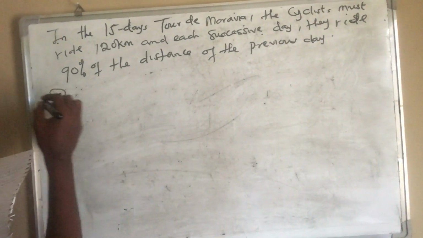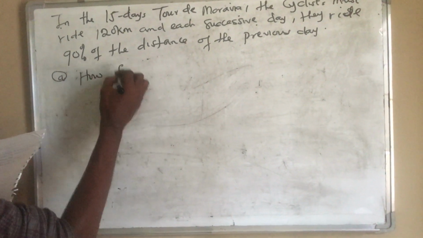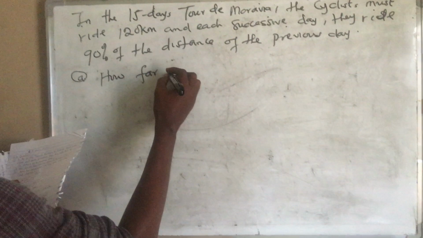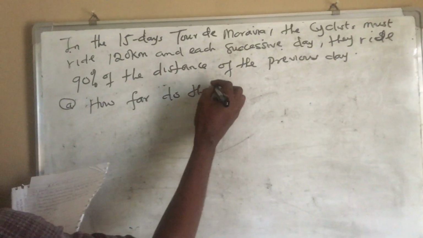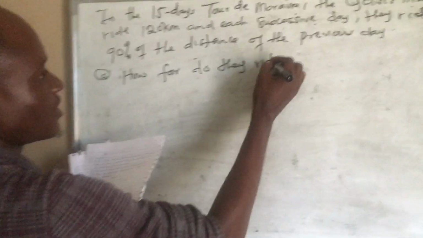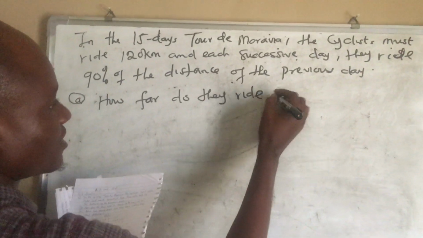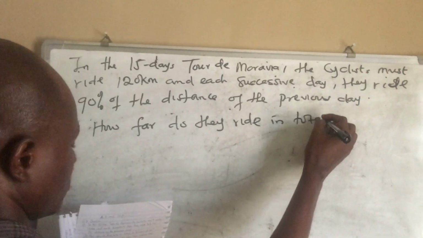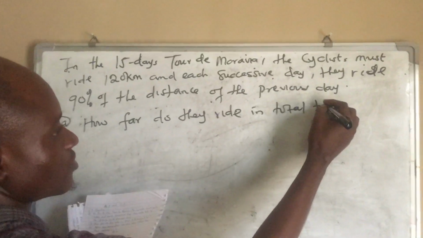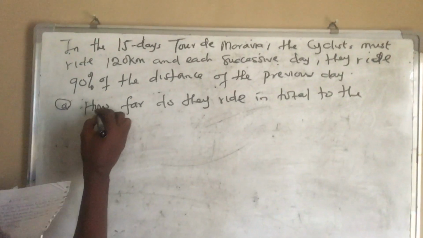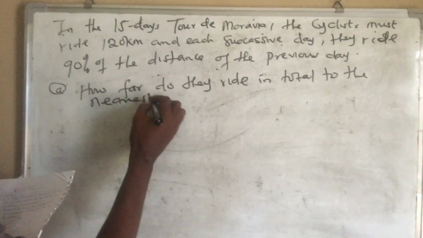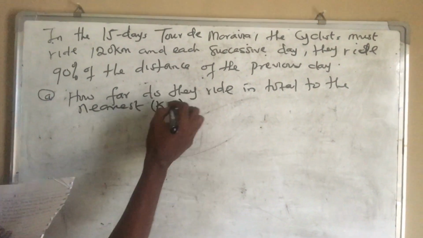Now say A, how far do they ride in total to the nearest kilometer?